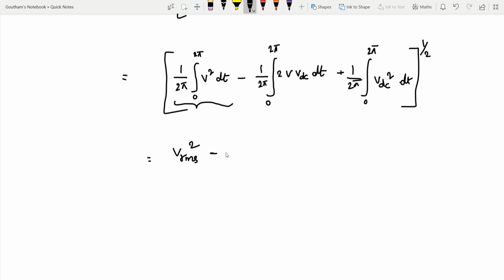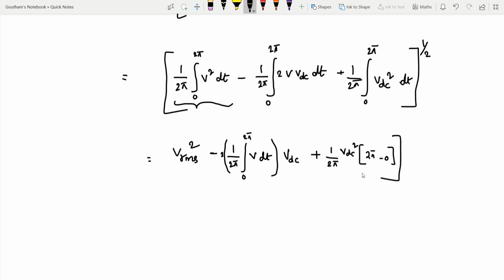If we observe carefully, the second term is 2 into 1 by 2 pi integral 0 to 2 pi V dt, into VDC, plus 1 by 2 pi times VDC square, where the integral of 1 dt is nothing but t, and substituting the limits gives 2 pi minus 0, and this entire thing is under a square root. So what am I left with?